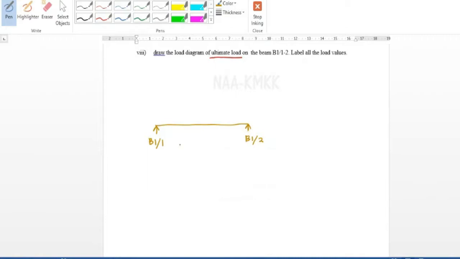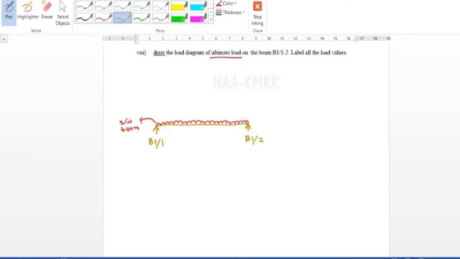We know this beam B112 has its own self weight, right? Of course, its own self weight is a uniformly distributed load. This one is self weight of the beam.